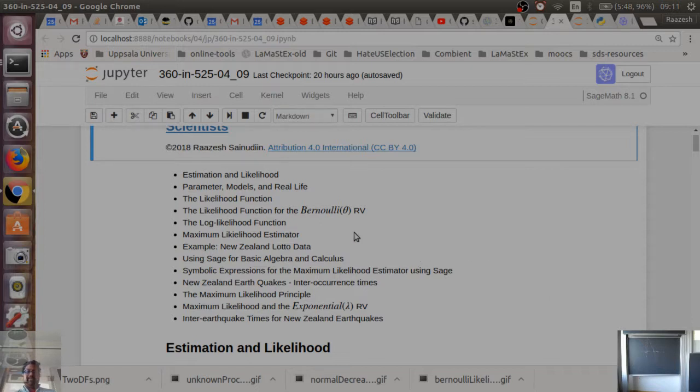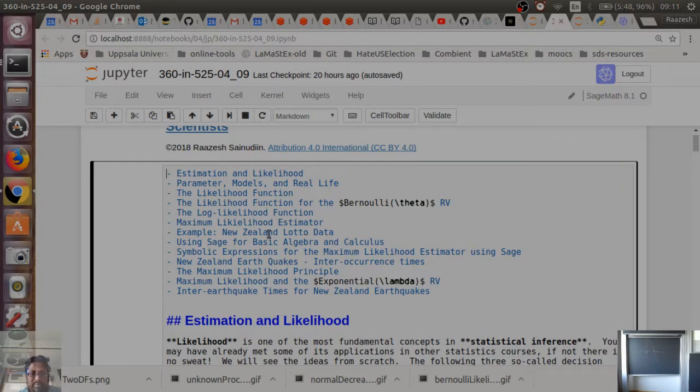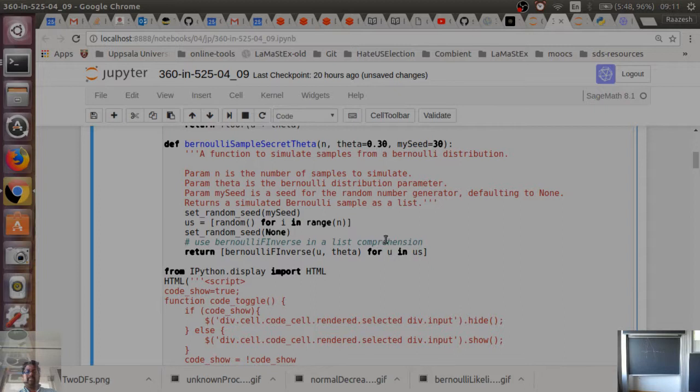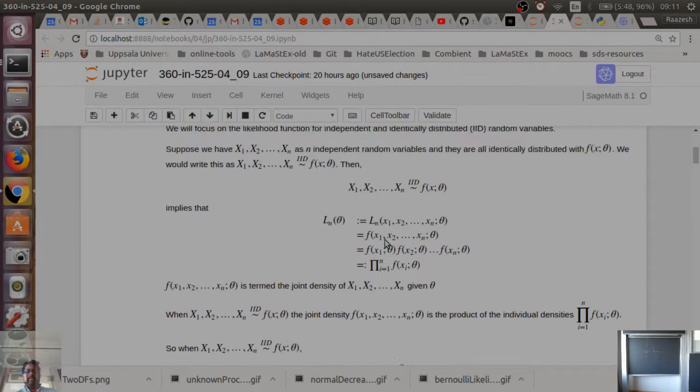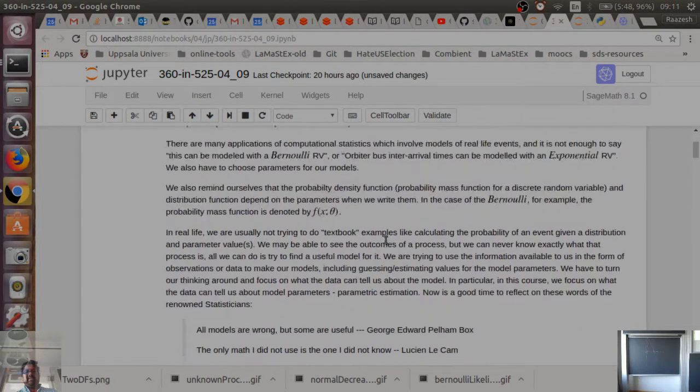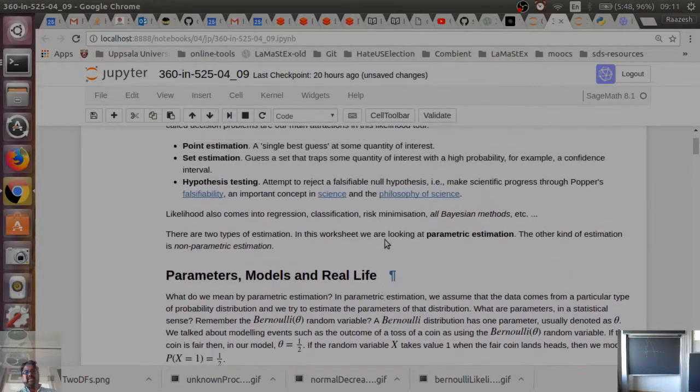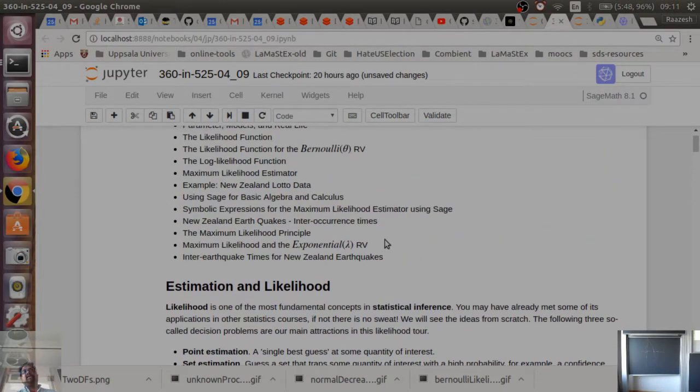And then we'll get into the likelihood function for the Bernoulli theta random variable, and just look at the log likelihood function, and then that will be enough to define the maximum likelihood estimator. The maximum likelihood estimator basically is going to take the data and then find a single best guess for the unknown parameter.